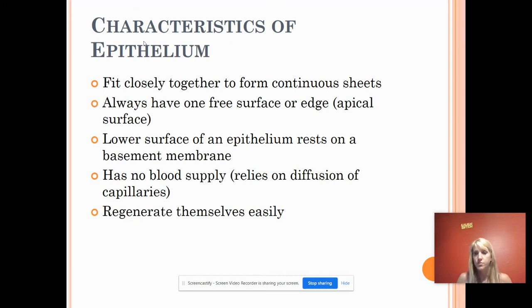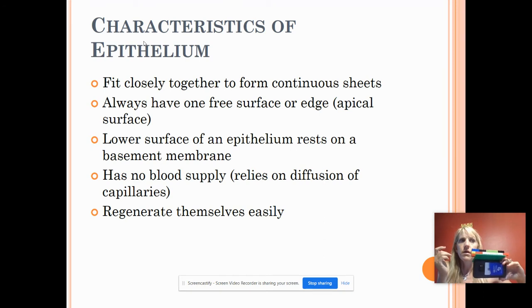diffusion. So here's your basement membrane. Right down here, where this black thing is in blue, this would be where all the blood vessels are, right? Here's your basement membrane, your epithelial tissue sits on top of that, and then right here would be your saliva, if it was your salivary glands, or your blood vessels, where the blood would flow through here. Actually, blood vessels have smooth muscle tissue in them, not epithelial tissue.